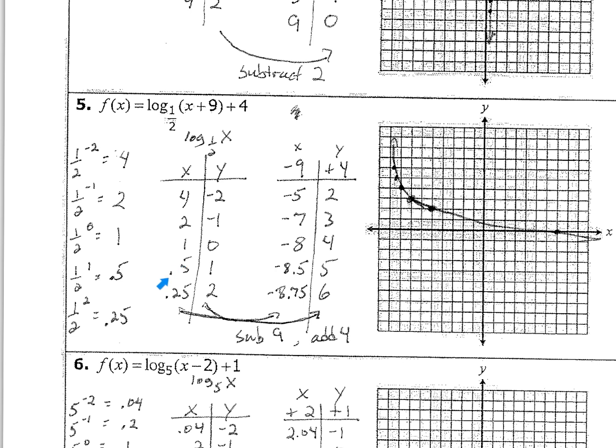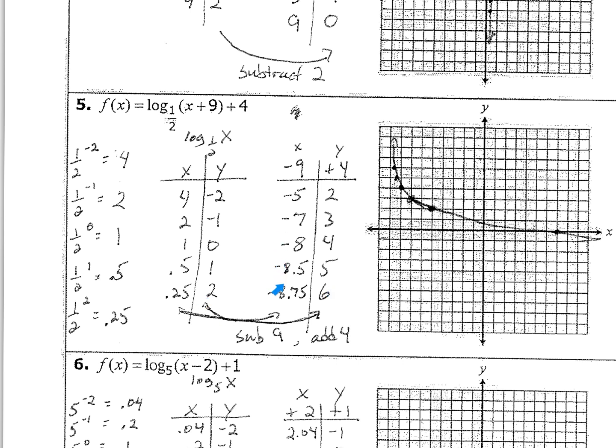And then, of course, we have a half for our x and a 1 for our y. When we subtract 9 from 1/2, we get -8.5. And then when we add 1 plus 4, we get 5. And then 0.25 is our x. When we subtract 9 from that, we get -8.75. And then 2 plus 4 is 6.